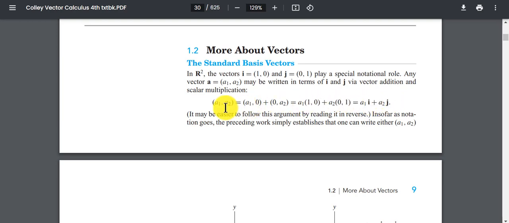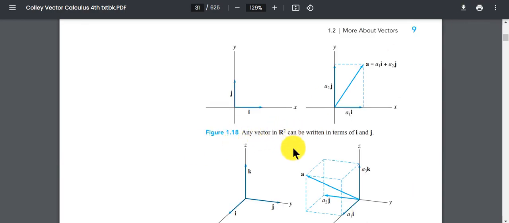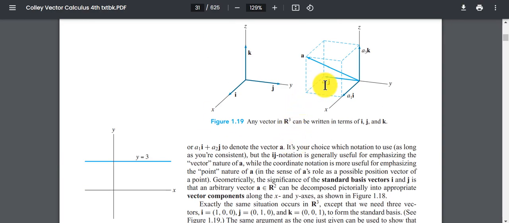I mean, I'm saying it's going to be something times i and something times j. And what are those somethings? It's just these. So it's very simple to go from here to here. And if you're in R3, you can do the same kind of thing. In R3 you can take A and write it as A1 i plus A2 j plus A3 k.